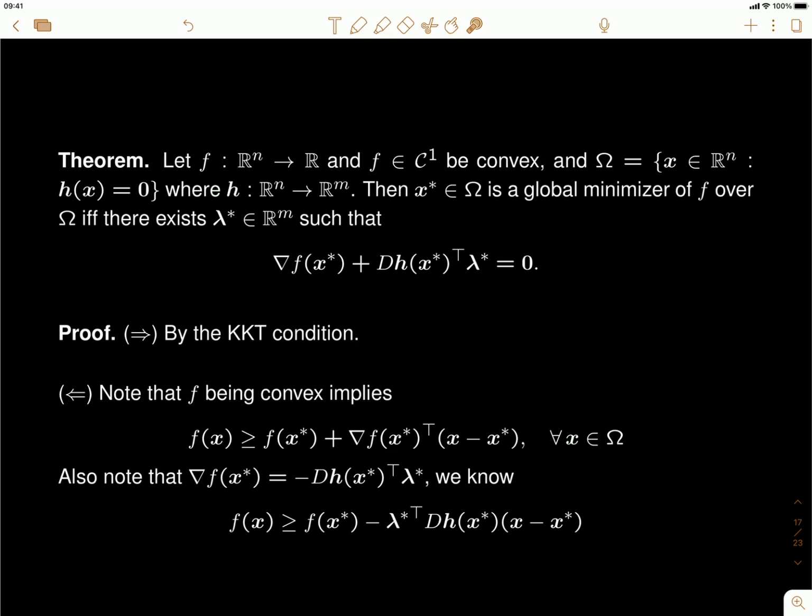Meaning that if we have a convex optimization problem, unconstrained or constrained, the Lagrange condition or the KKT condition, especially for equality constrained convex optimization problems or inequality constrained optimization problems, are actually also sufficient. That means we can just look at the points that satisfy those conditions, and they will be the points that are global minimizers.